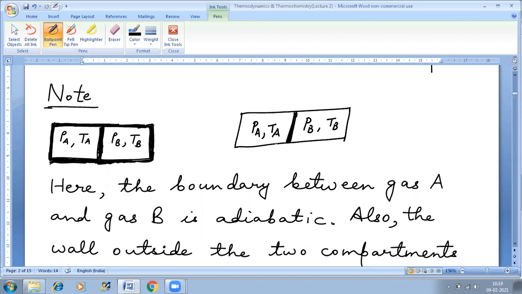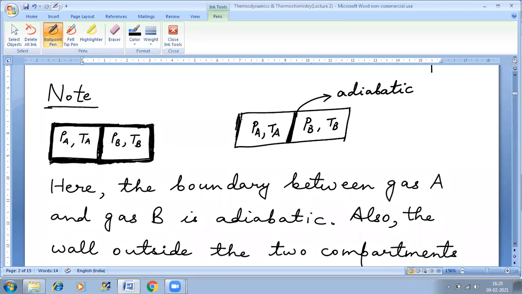The wall which separates these two compartments, this wall is adiabatic wall. So heat cannot flow through this wall.